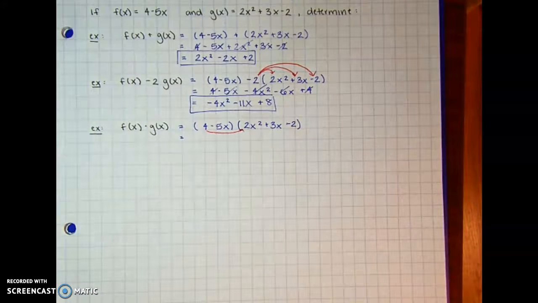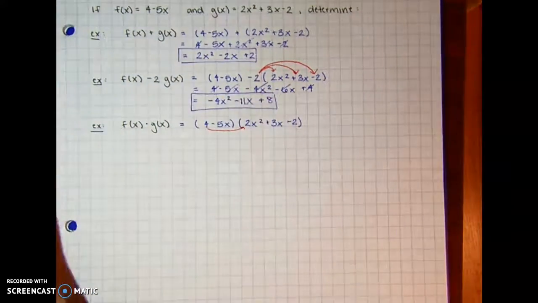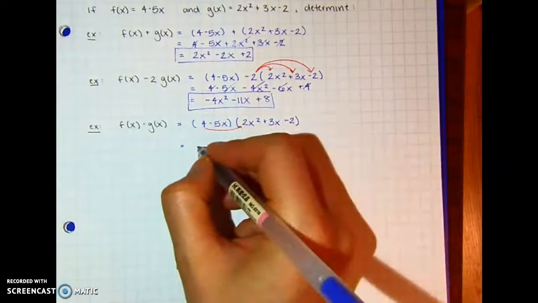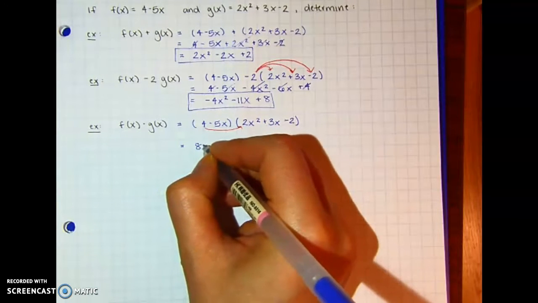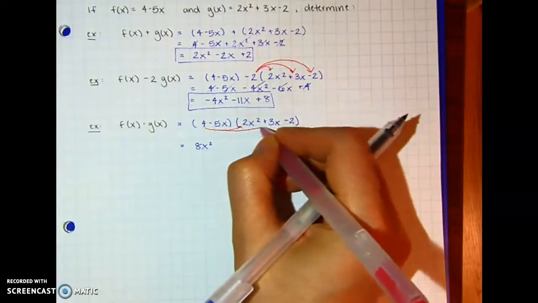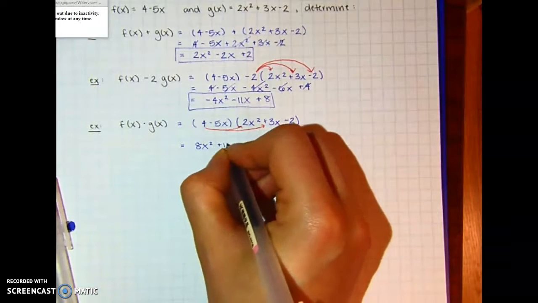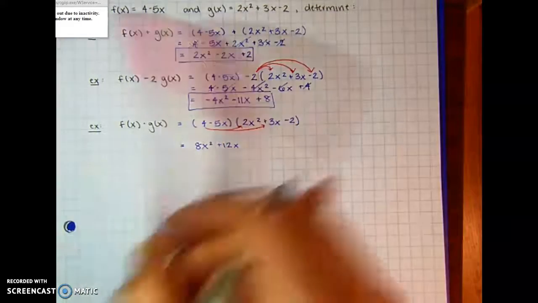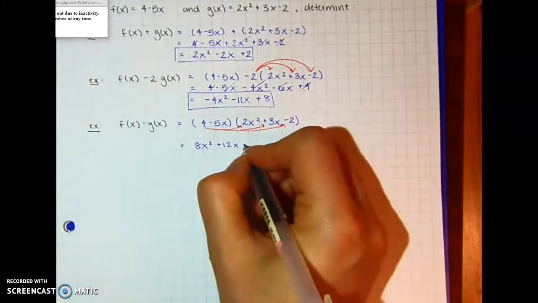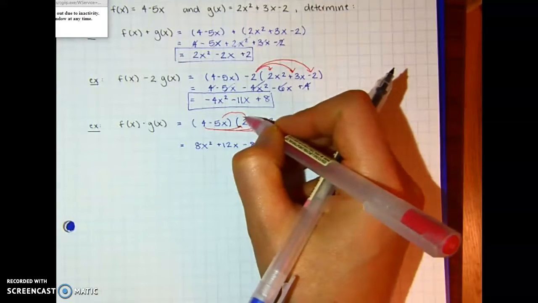I'm going to move this down just so I have room for all my arrows. So 4 times 2x squared will be 8x squared. 4 times 3x is 12x. 4 times negative 2, negative 8. And then same with this negative 5.